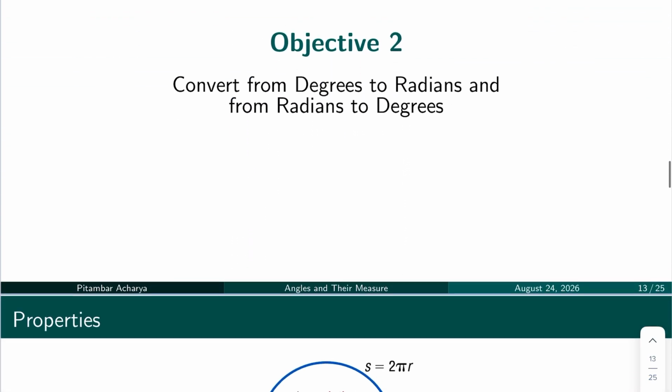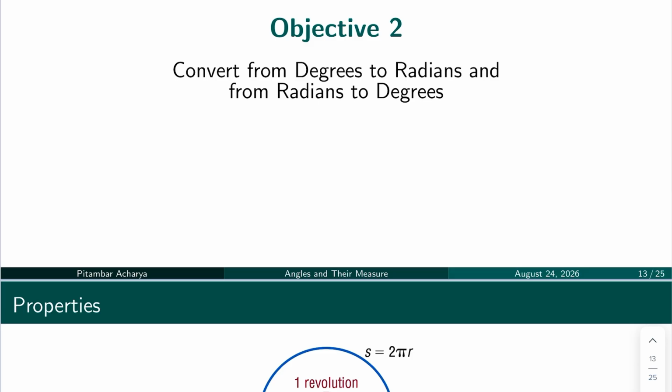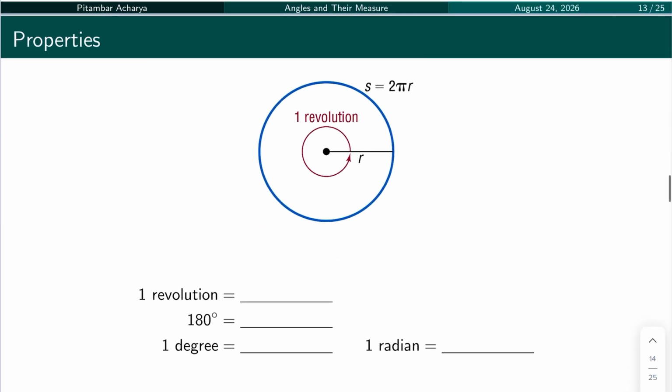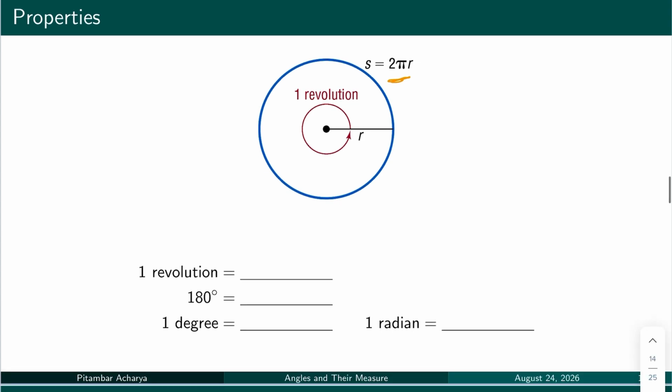Now our objective is to convert from degrees to radians and from radians to degrees. We have the circumference of the circle, 2 pi r. If r is the radius of the circle, then one revolution is equal to 2 pi radians.